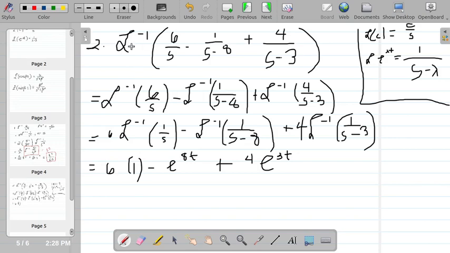So this is the... so we can write it as 6 minus e raised to the power of 8t plus 4e raised to the power of 3t.